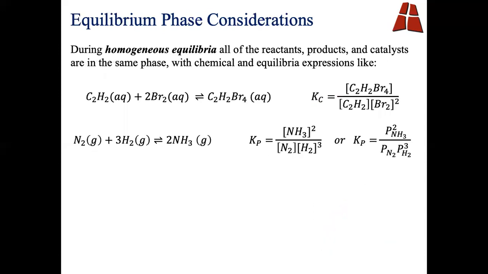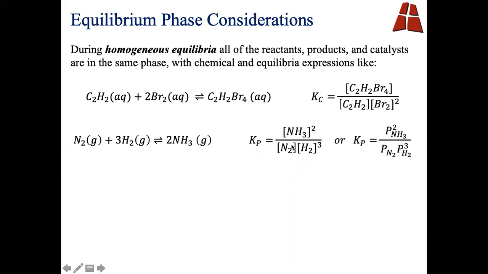All right, and so if we have homogeneous equilibria, where if we look at our phases, everything is dissolved in aqueous solution or a gas, then all we have to do is write our products over our reactants raised to their powers. And so we have some examples here. And sorry, this Kp should say Kc. The C stands for concentration, the P for pressure.